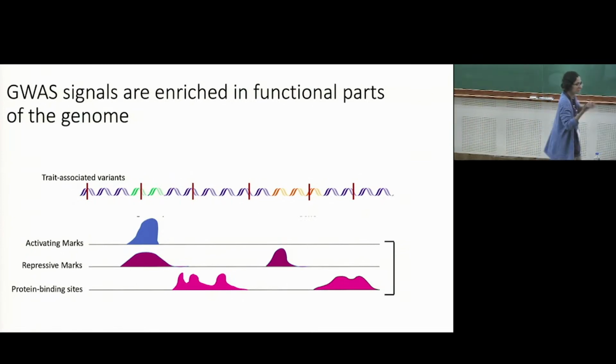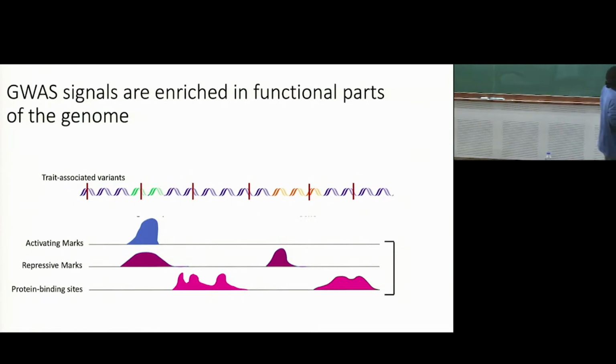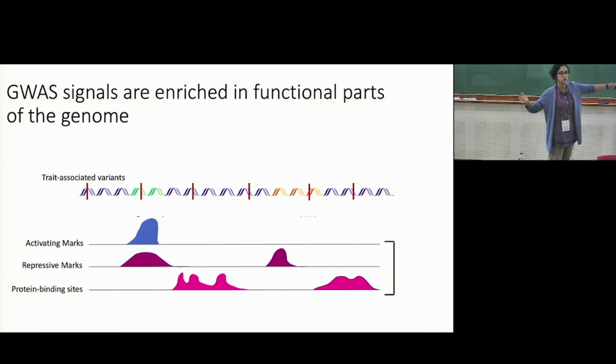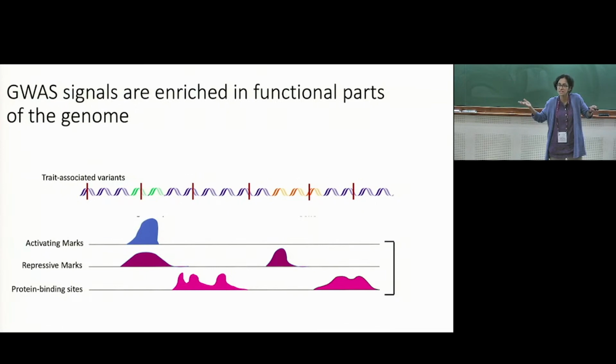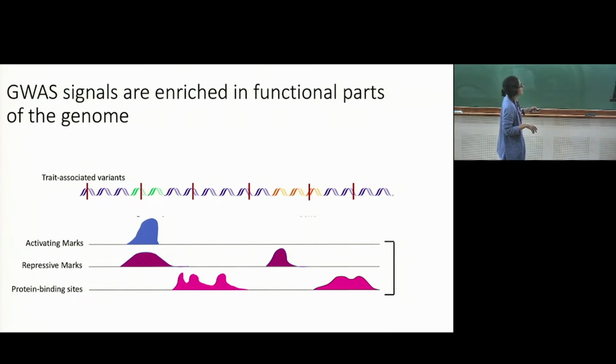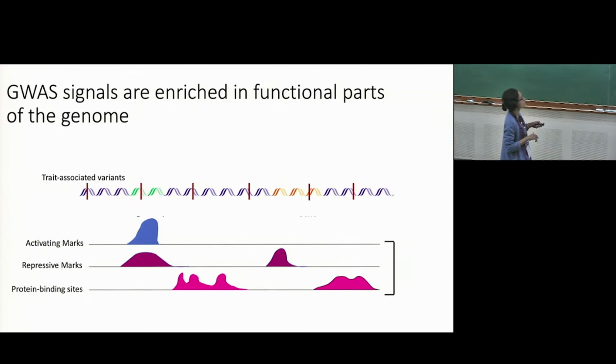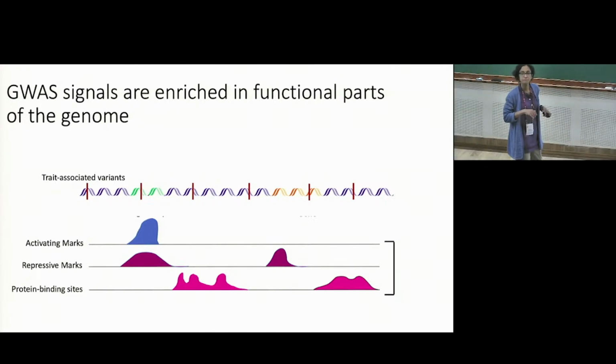The advantage of, again, working with human genetics is you have these functional atlases of the genome. So this would say that, okay, this part of the genome seems to have some active histone marks around it. This part of the genome has some negative, repressive histone marks around it. And what we see is that these GWAS signals are very, very strongly enriched in these activating marks, okay?